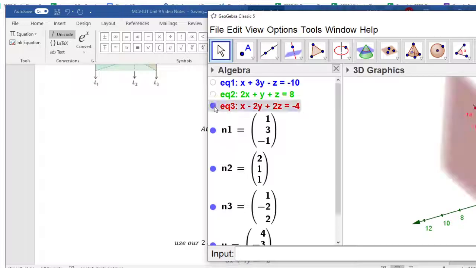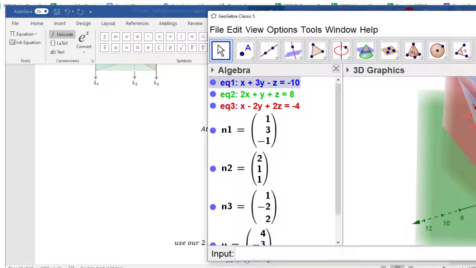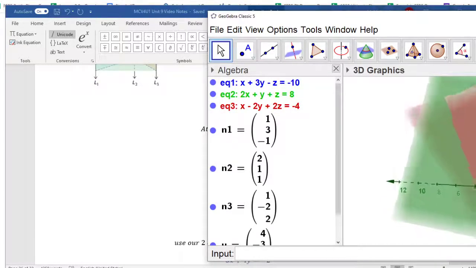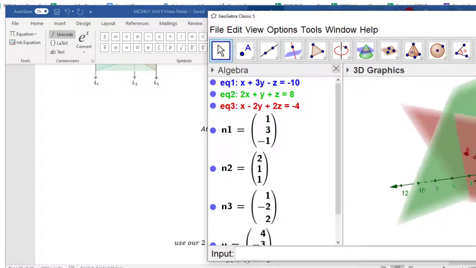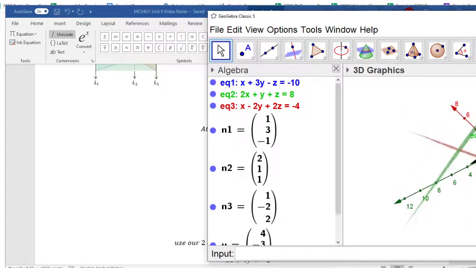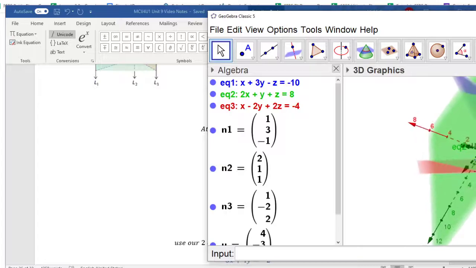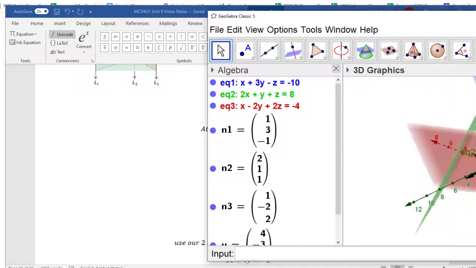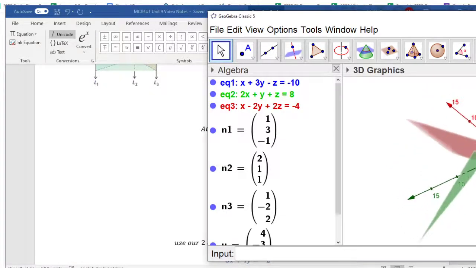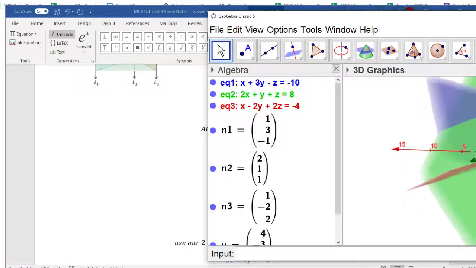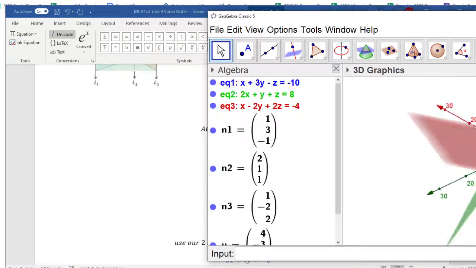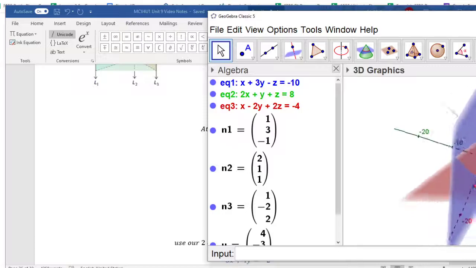Let's have a look more closely. When you look at this from the correct angle, you realize that they kind of make an A shape, right? And they're never going to get any closer, right?